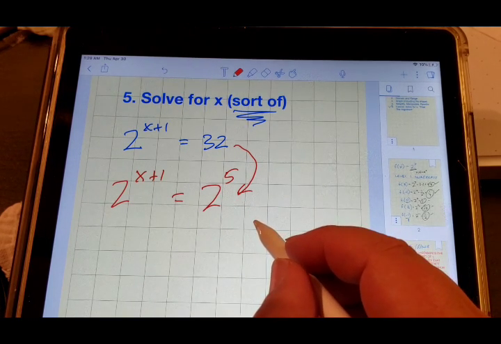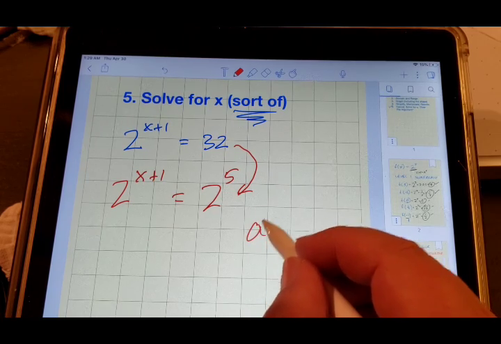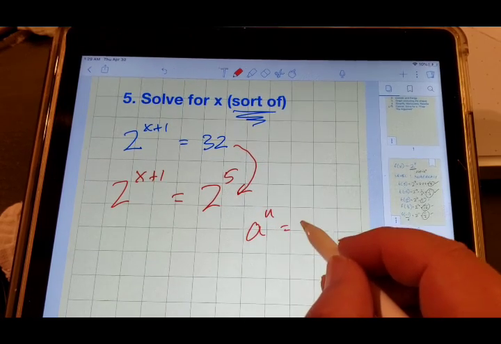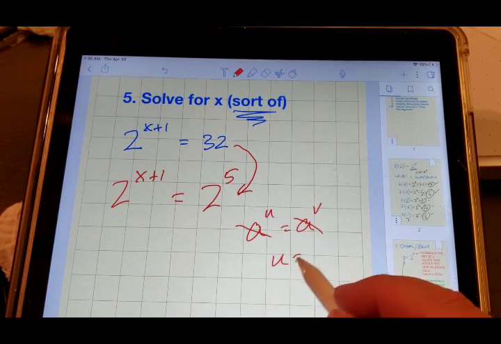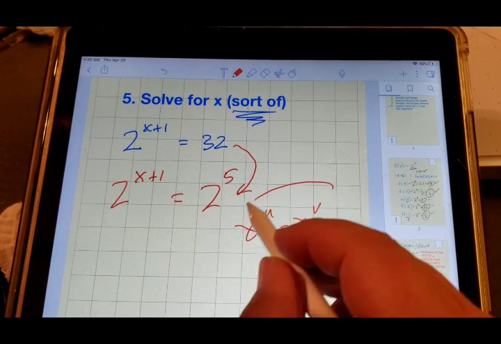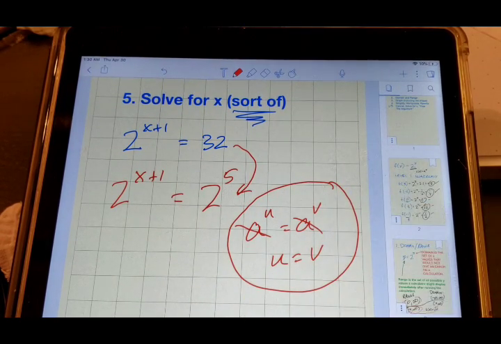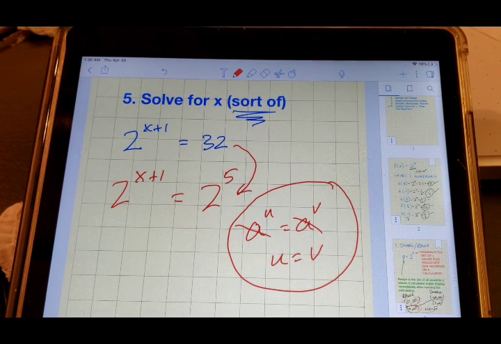The idea is if you have a to the u equals a to the v, I can cancel the a's and u will equal v. This is a very temporary rule that we're just using for now.